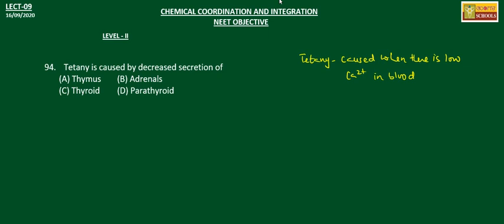The parathyroid gland produces the hormone called parathyroid hormone, in short we call it PTH.